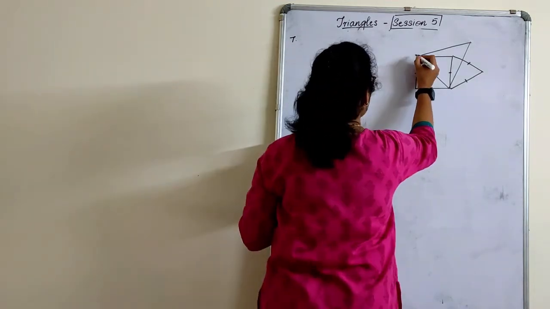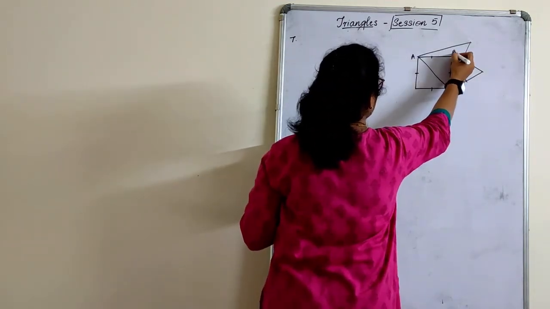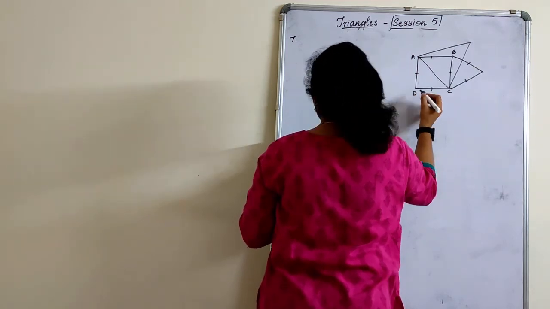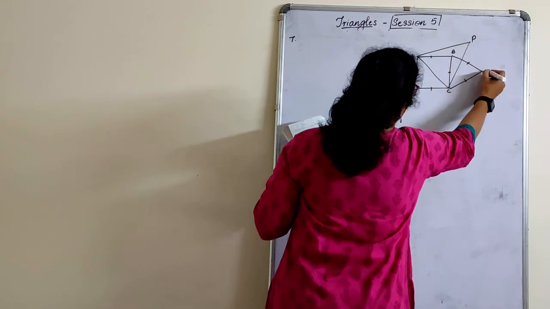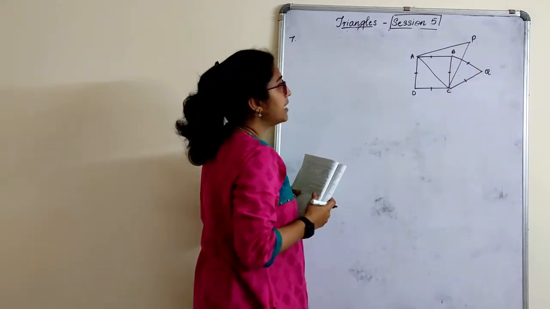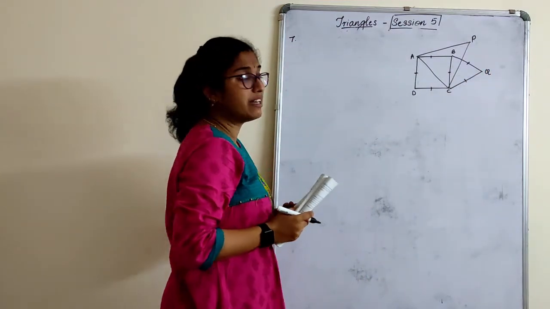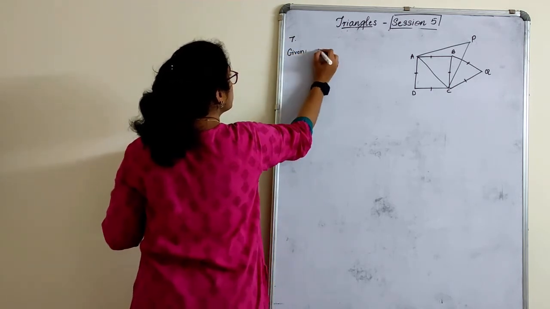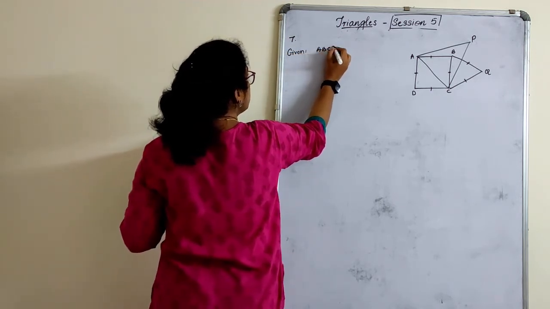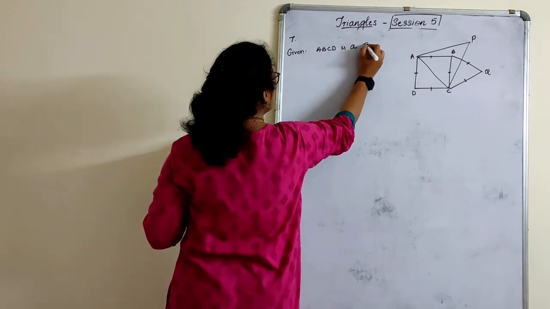Let us name this A, B, C, D as a square. Then P and Q we will name as the two different equilateral triangles. Given: ABCD is a square.